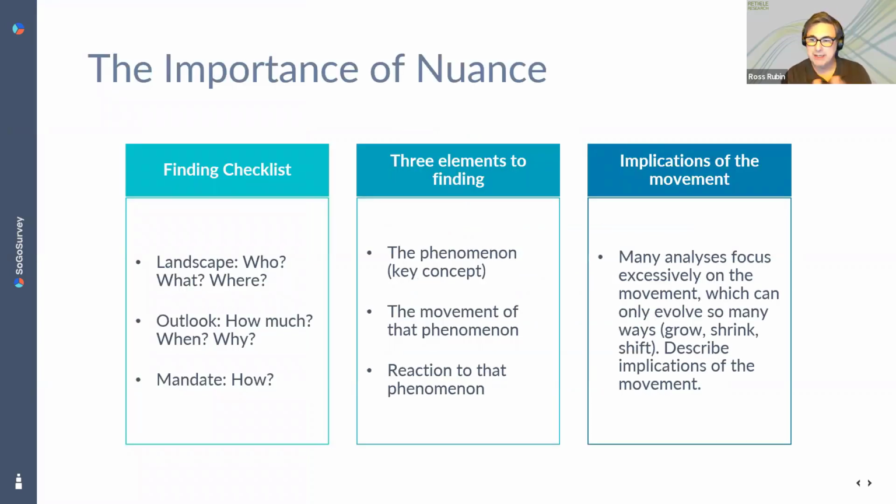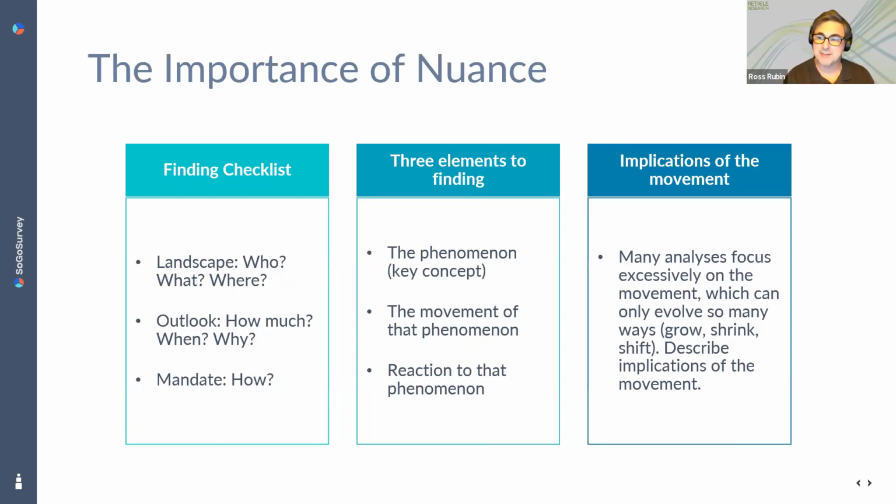So how do we combat some of these generalities and cliches? Well, one way is by thinking about nuance, making the finding richer, adding more dimension to it. And the Landscape Outlook Mandate Framework can help you raise questions that help address that kind of nuance.